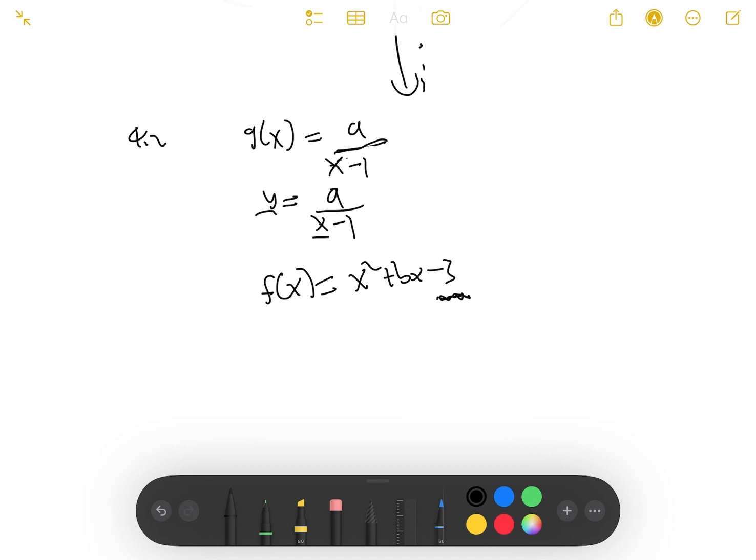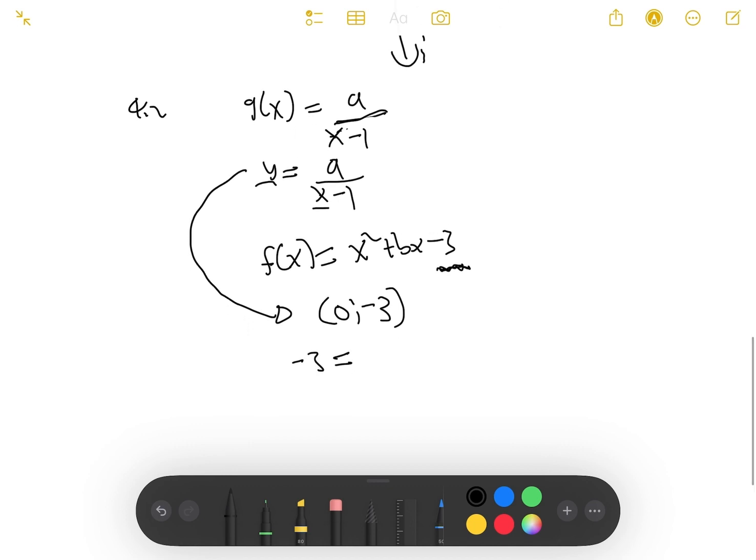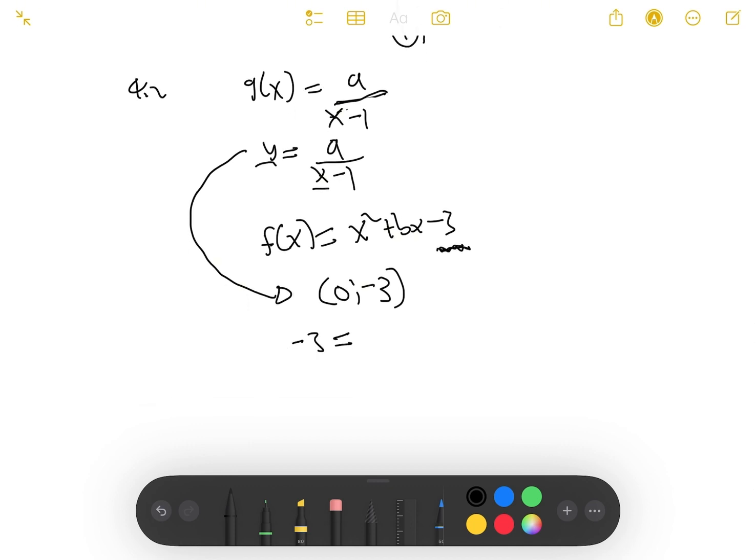You can go on and find your intercept by letting x equal 0, but in the interest of time, let's move. So we end up with the point (0, -3), of which -3 is equal to a over 0 minus 1. Therefore a becomes 3.